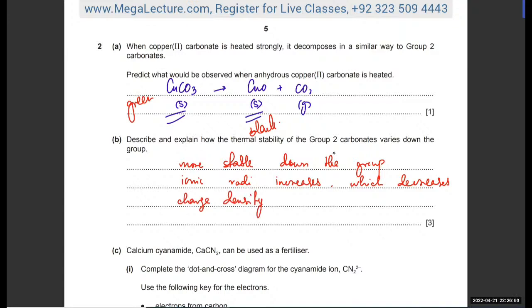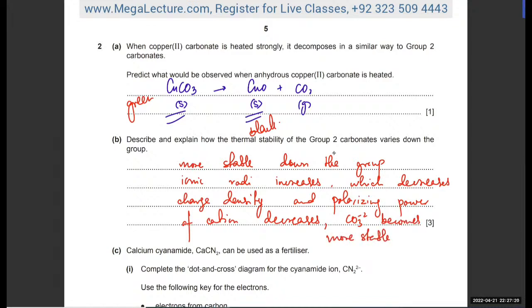Charge density decreases and polarizing power of the cation decreases, and so the carbonate ion becomes more stable.